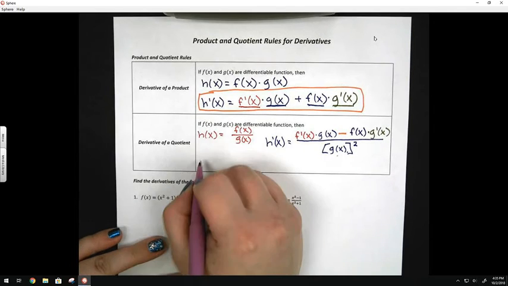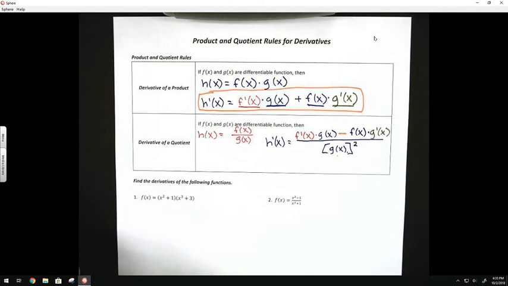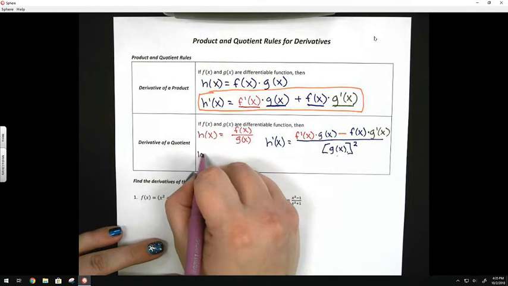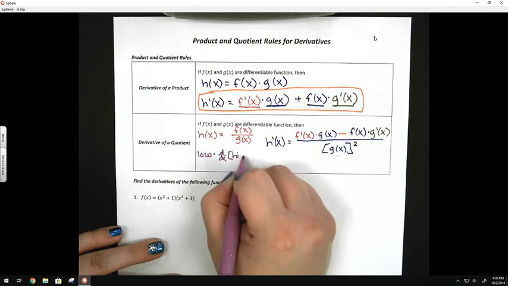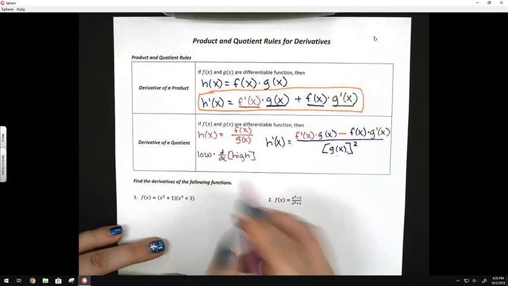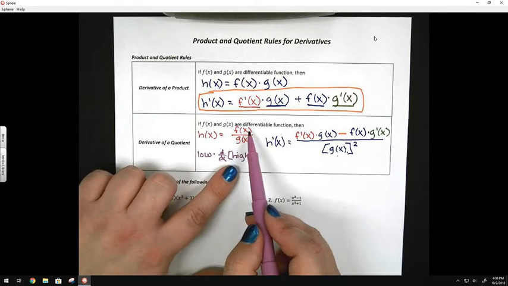But she does it as low times the derivative of high. So low meaning the bottom function, and high meaning the top function.